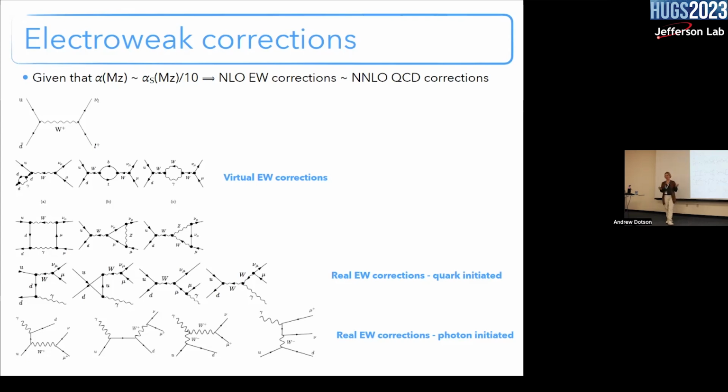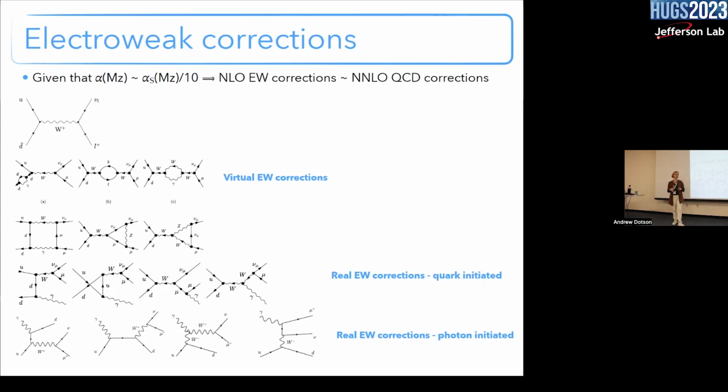Now it's 1 over 137, whatever. So it's more or less 1/10 of 0.118, okay? So if you consider the next to leading order QCD corrections, you also have to consider the next to leading order electroweak corrections, because in the expansions they are more or less of the same order, okay?